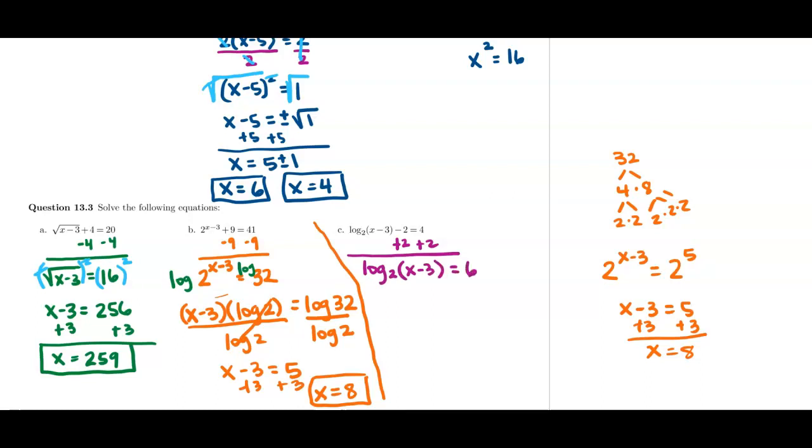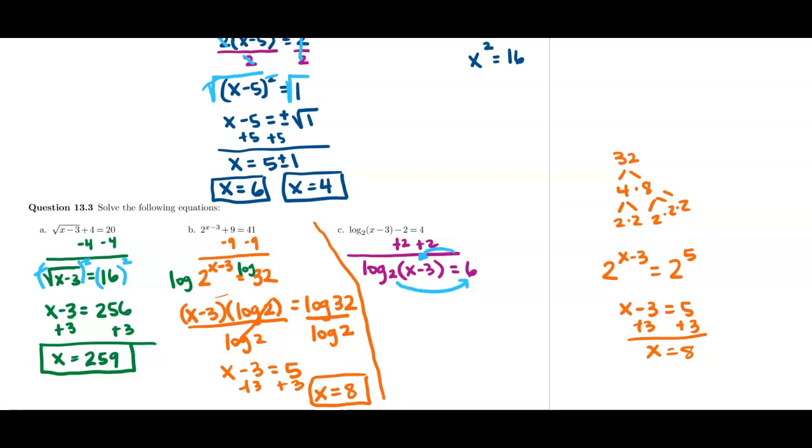Now that it's in this log form, this is where I can change it to exponential form. And this is where, like I said, a lot of people get stuck, thinking, okay, what do I do now? I'm not sure what to do with this log, because logs are fairly new for most students. So just always think in your mind, logs and exponentials undo each other. So how could I get it to that exponential form?